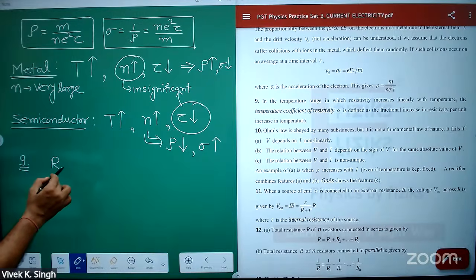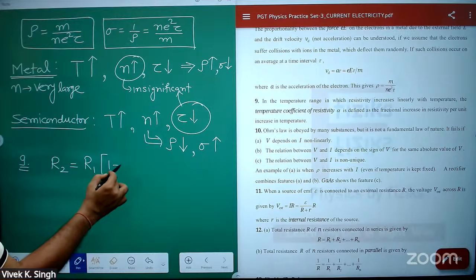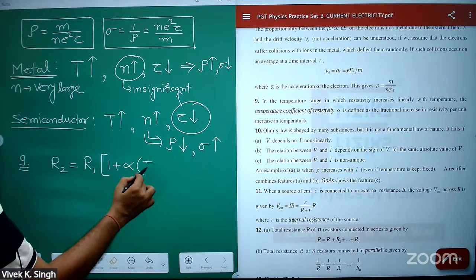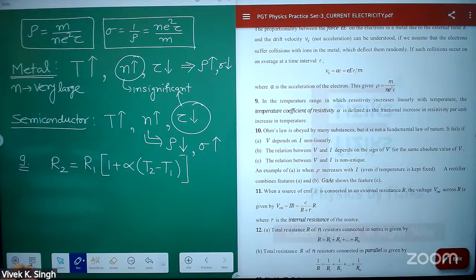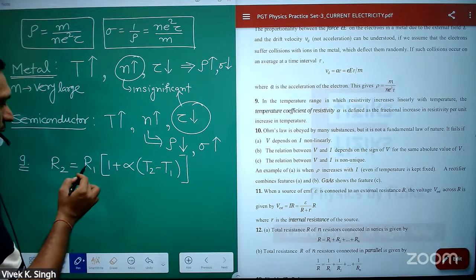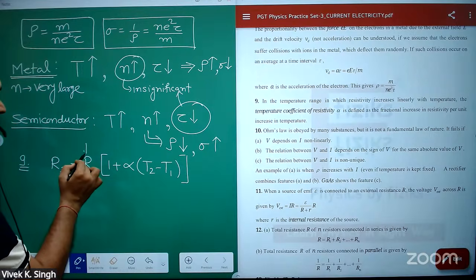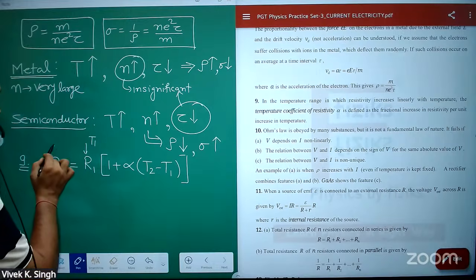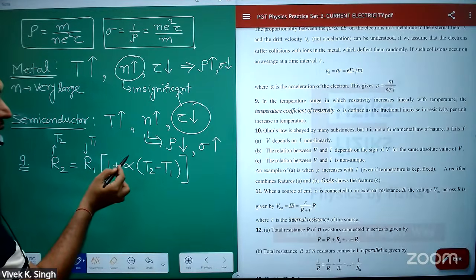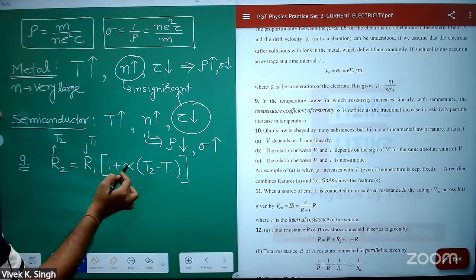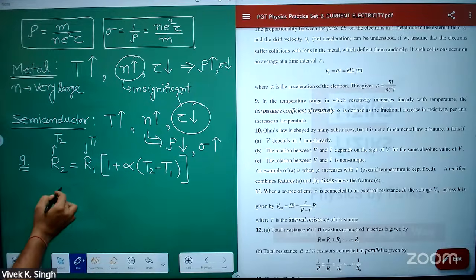Let's say there are R2, R1, 1 plus alpha, T2 minus T1. So if the resistance at temperature T1 is R1, and this is the resistance at temperature T2, alpha is the temperature coefficient of resistivity.